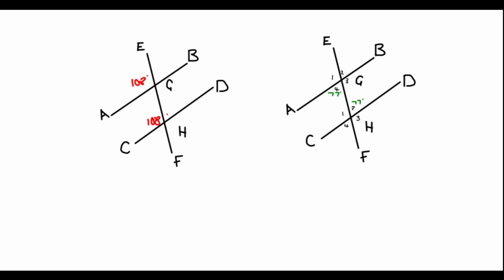In this question, we need to answer why lines AB and CD in the diagram are parallel. So there's line AB, there's line CD. The only thing they give us is an angle of 108 degrees and 108 degrees. So get your highlighter, take it out. Do you see that there's a shape forming a letter even?